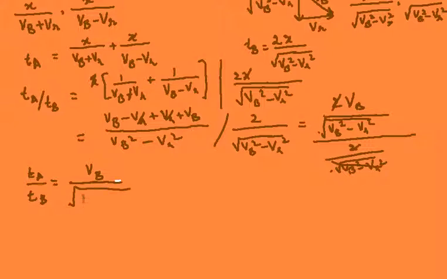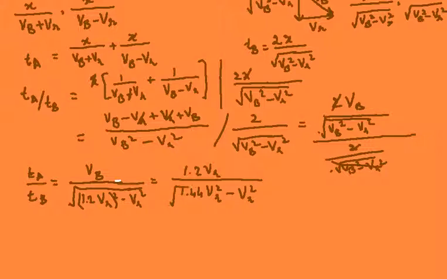So 1.2 Vr by root over 1.2 Vr whole square minus Vr square. Oops, I did not substitute the Vb in the first term, which I'll do next. So this is 1.2 Vr by the square root of 1.44 Vr square minus Vr square.